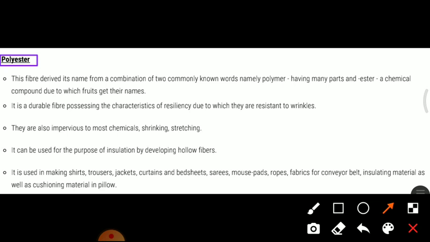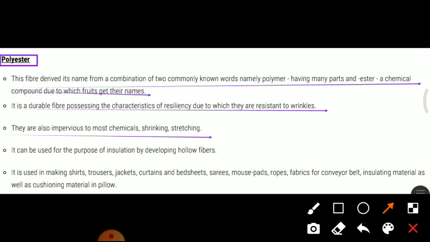So the main points we can write about polyester are: this fiber derives its name from the combination of two commonly known words, namely polymer, having many parts, and ester, a chemical compound due to which fruits get their smell. It is a durable fiber possessing the characteristic of resiliency, due to which it is resistant to wrinkles. It is also impervious to most chemicals, shrinking and stretching.